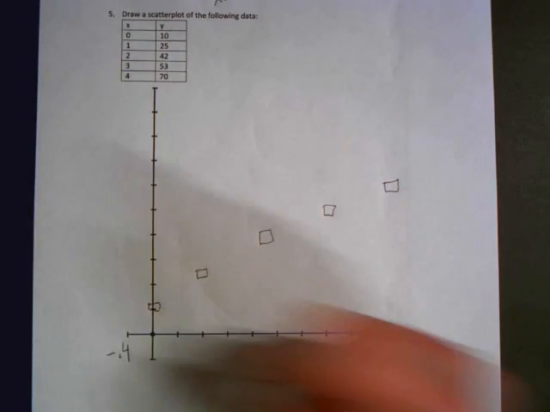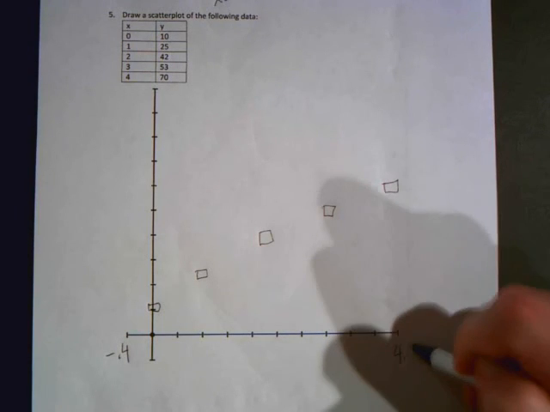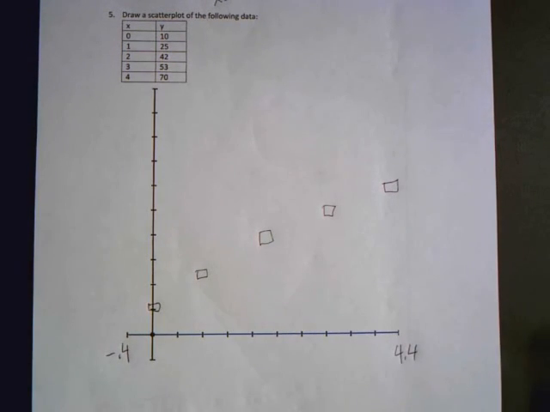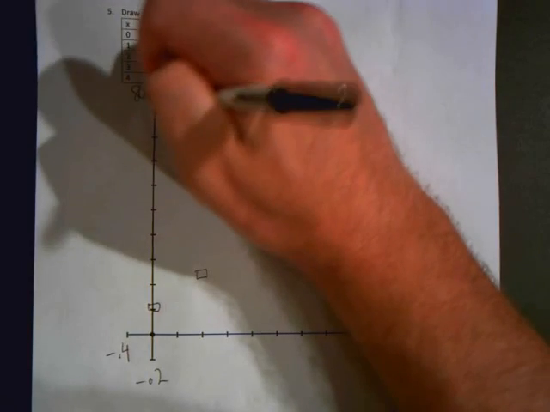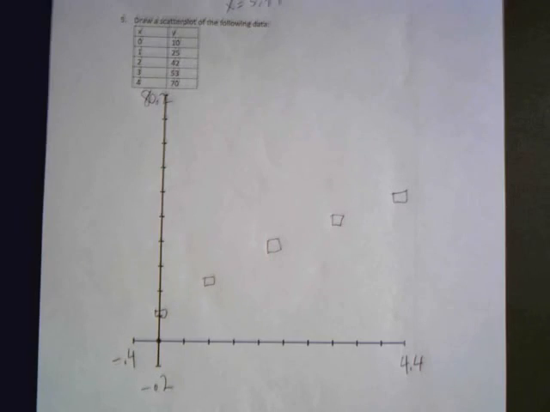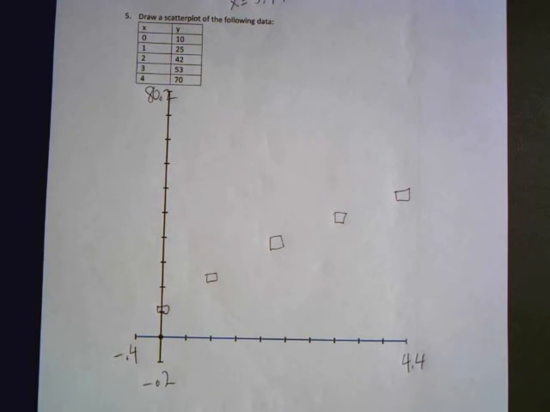It went from minus 0.4 to 4.4. And then on the Y's, it went from minus 0.2 to 80.2. So again, you need to give a scaling like that to let the reader know what this data really looks like. Without the scaling, this really wouldn't make a whole lot of sense.